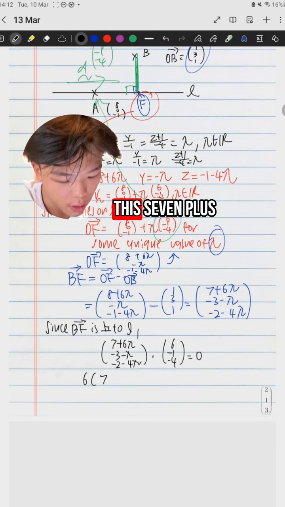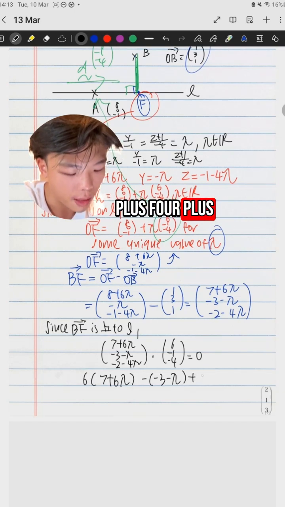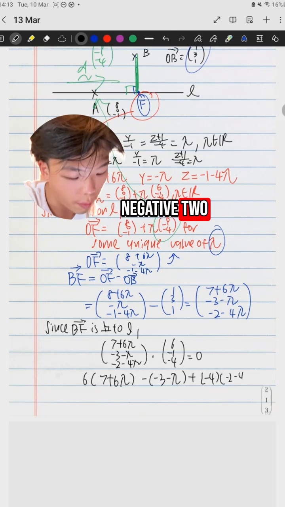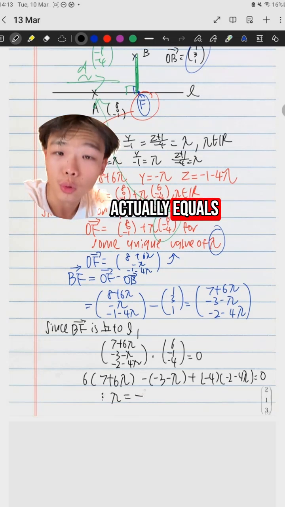And when we actually solve this, we will find that the parametric actually equals -1.